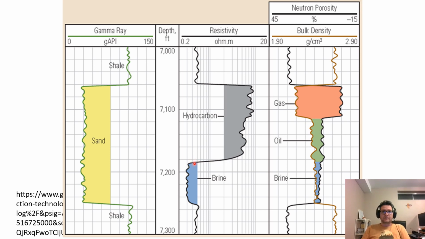You can see that in a clean reservoir, the response for resistivity is even lower when we have brine than in the shale. The shale is what we call the water baseline, and if the reservoir is good and we have brine, the response for the water will be even lower than the shale.